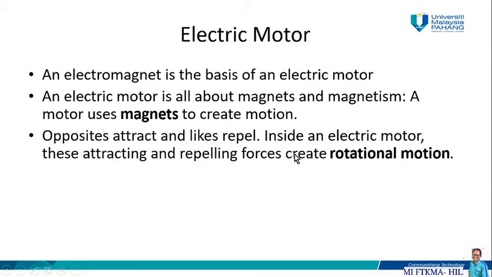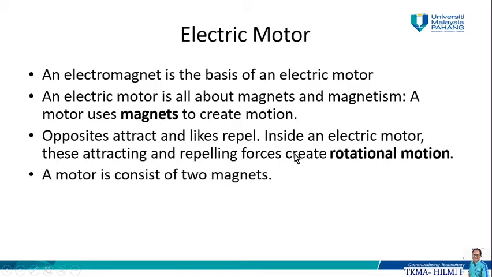These forces of attracting and repelling are going to create a rotational motion, which we have looked at a little bit in the previous slide. Basically, a motor consists of two magnets: permanent magnets on both sides and an electromagnet in the middle.